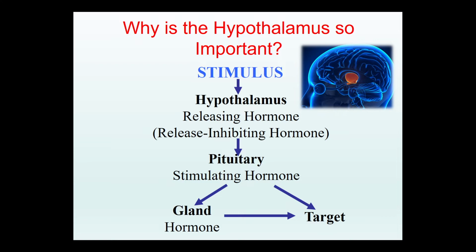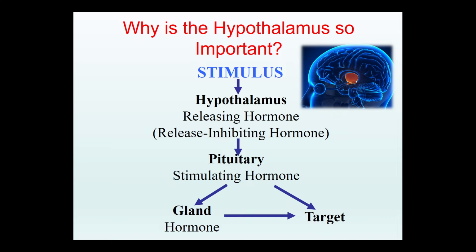The hormone secreted by the hypothalamus is a relatively short peptide, produced in a very small quantity. Some hypothalamic regulatory hormones stimulate the anterior pituitary to secrete hormones. Some of them inhibit the production of hormones in the pituitary.